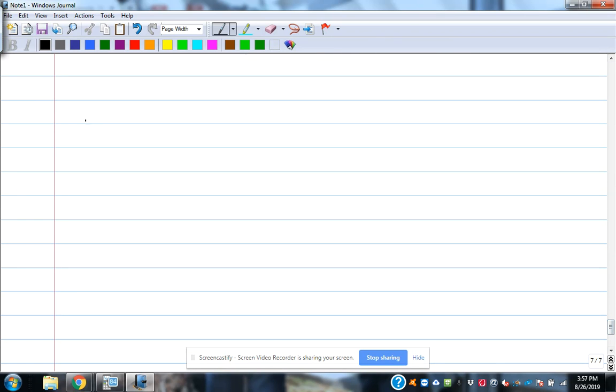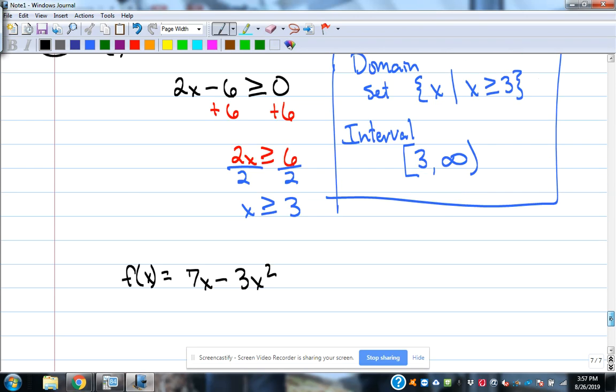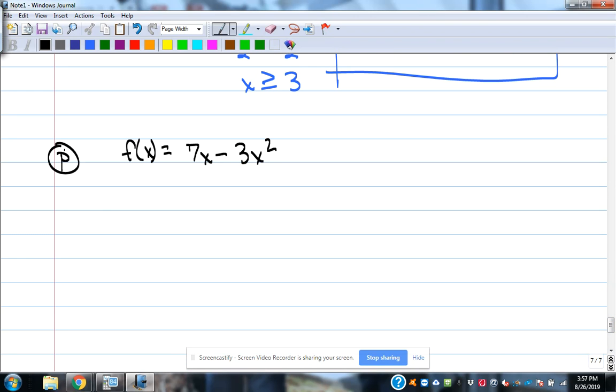Let's say we had f of x is equal to 7x minus 3x squared. I don't know what letter. We want to find the domain or state the domain for that. Okay.